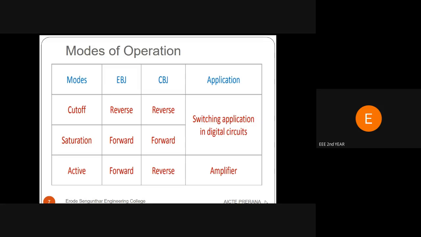In saturation mode, both junctions are forward biased. In active mode, the emitter-base junction is forward biased and the collector-base junction is reverse biased. The cutoff and saturation modes of operation are used for switching applications in digital circuits. The active mode of operation is used in amplifier circuit applications.